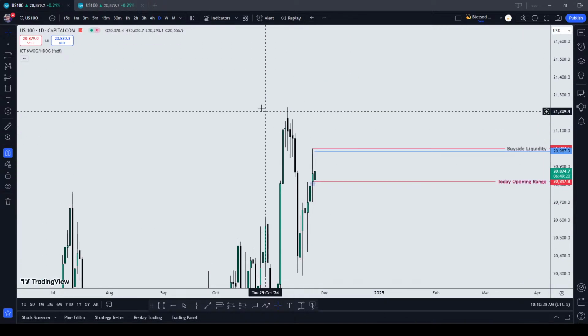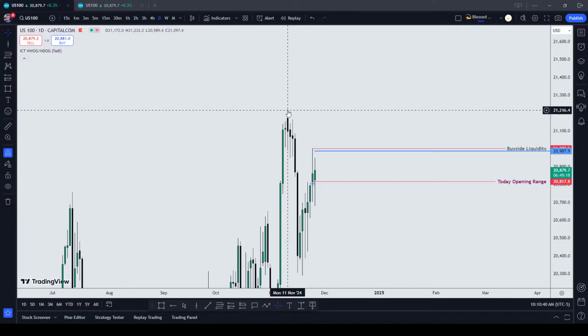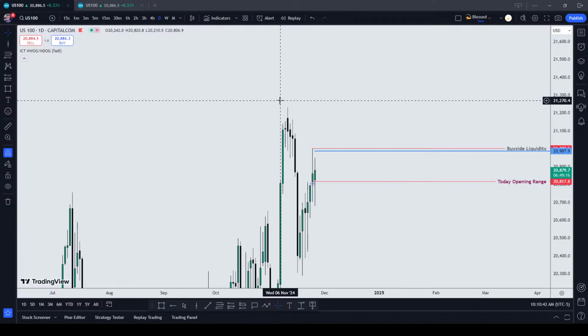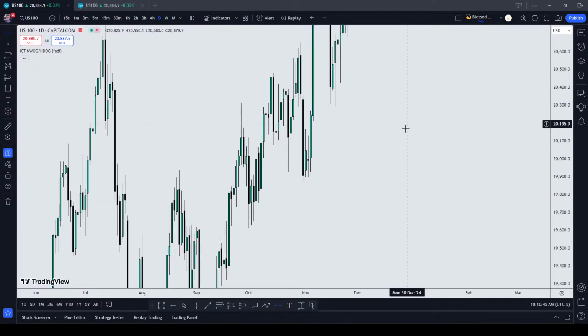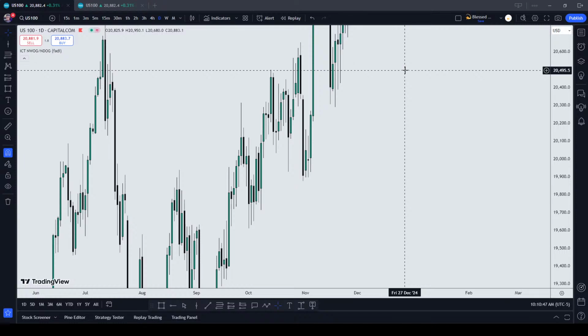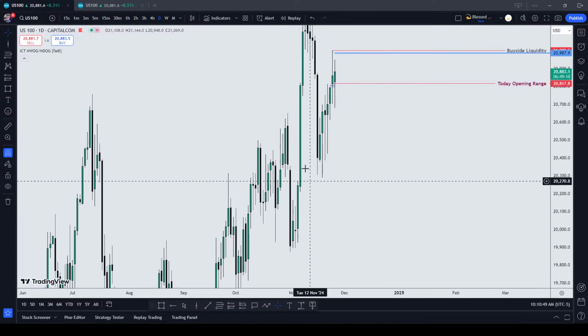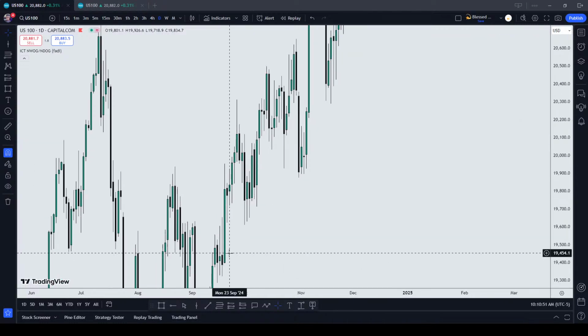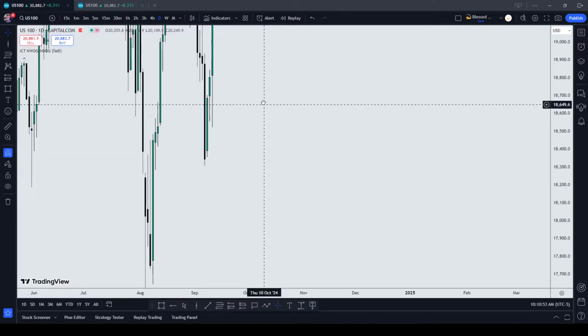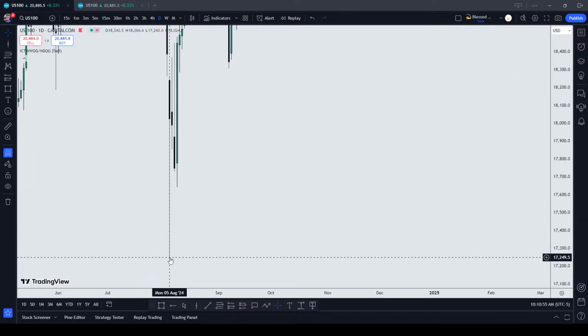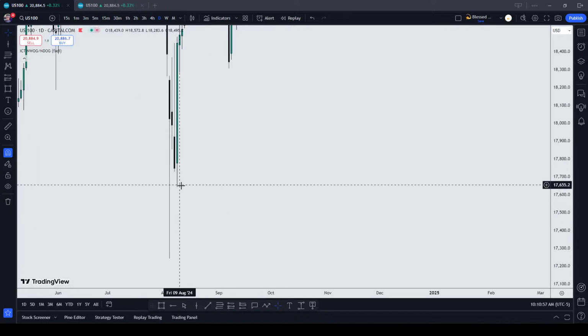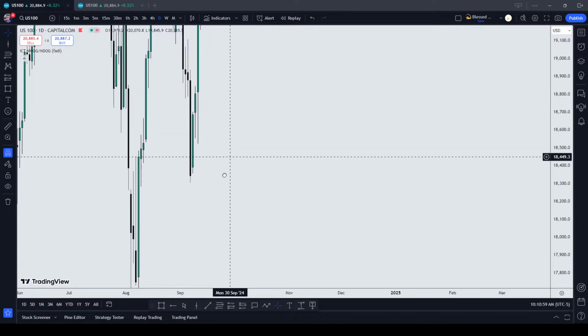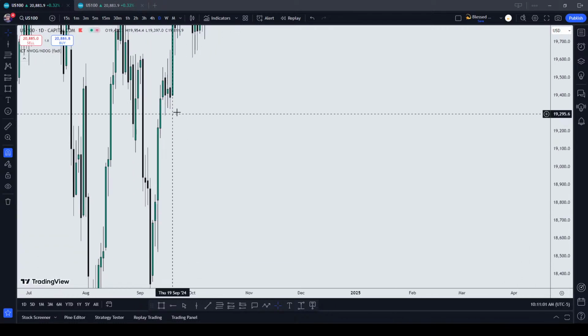right now on the daily charts this is the only liquidity point here. While there's a lot of sell side liquidity hanging around. There's a sell side liquidity pool here, a lot of sell side liquidity.